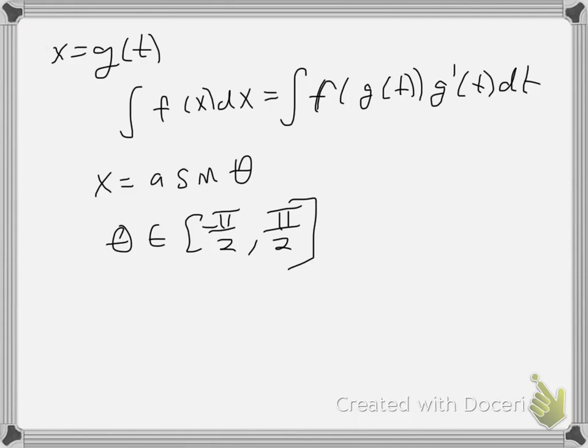Now, in the table that we're going to present on the next slide, we list the trigonometric substitutions that are effective for the given radical expressions because of the specified trigonometric identities. In each case, the restriction on theta is imposed to ensure that the function that defines the substitution is 1 to 1.